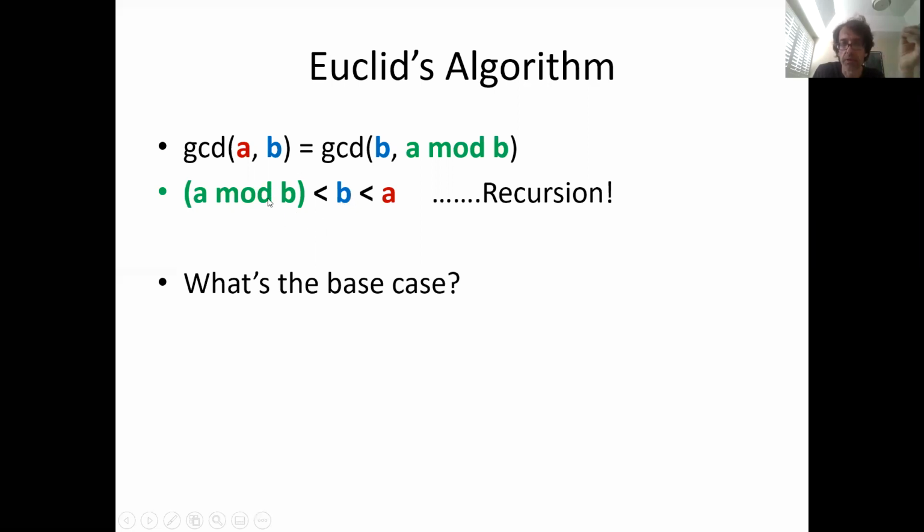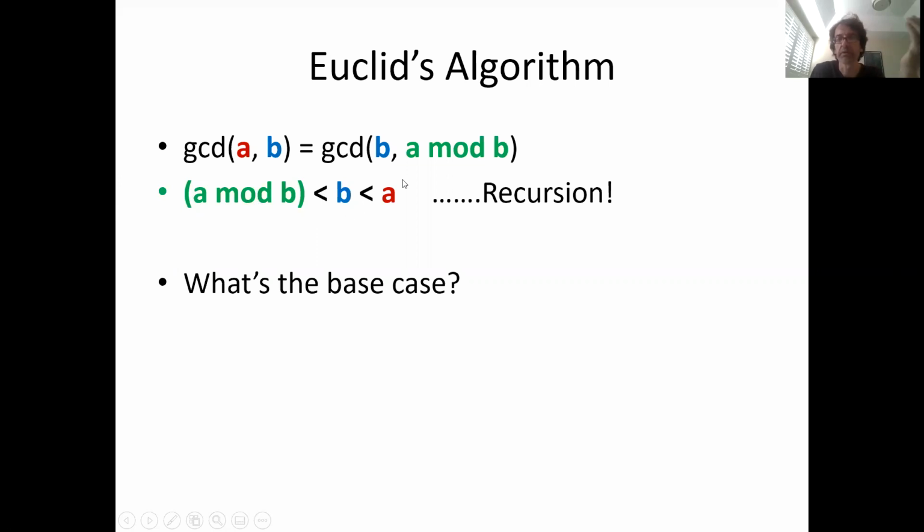So next time, the next level of recursion will be asking about these. So this will be your new A, and this will be your new B, and then there will be your new A mod B, and they will be smaller and smaller. So therefore they will terminate.